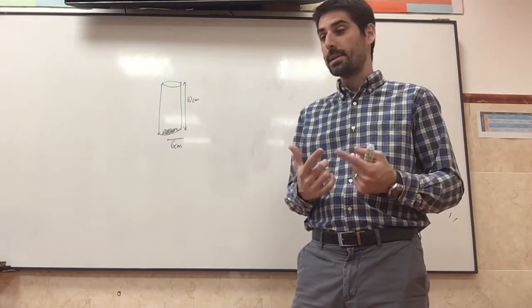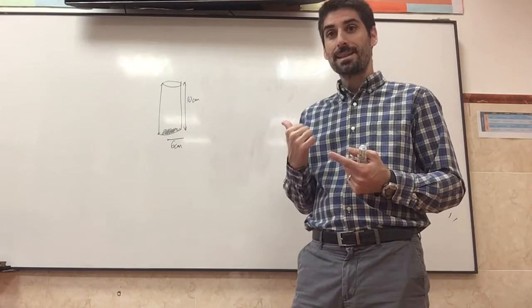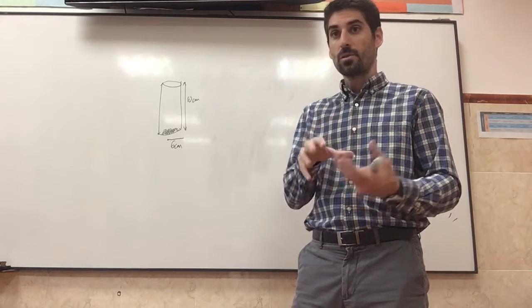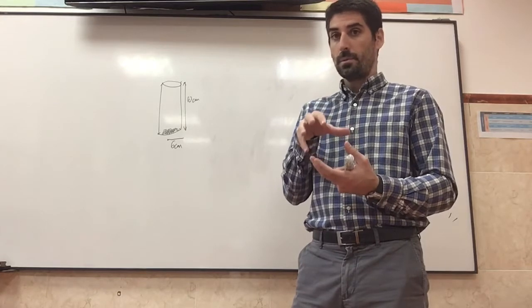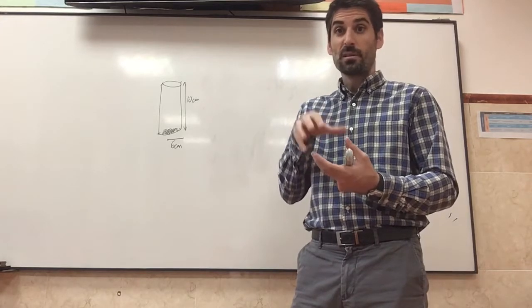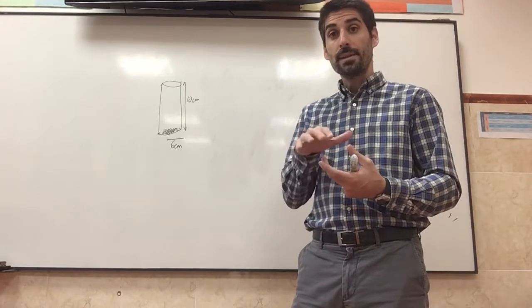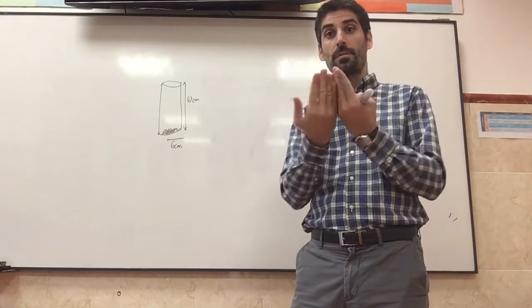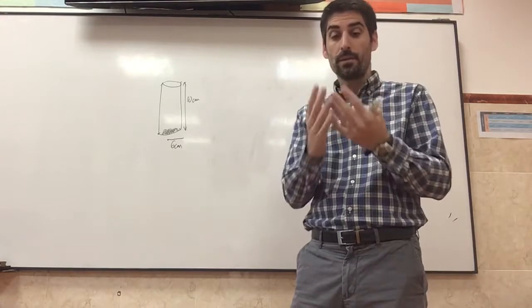Well, let's think about this. How many faces does a cylinder have? Think about your tin of tomatoes or your tin of sweet corn. It's got 3 faces. It's got the lid, it's got the bottom, and then it's got the curved body of the tin.